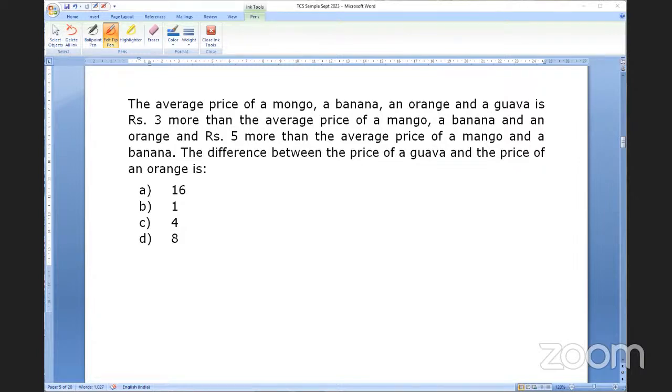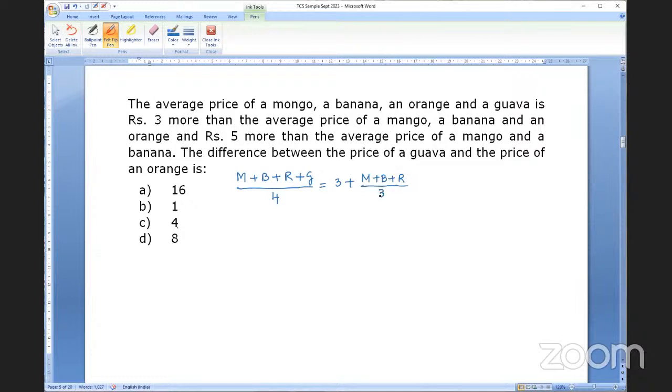Okay, time's up. Let's see what we have. The average price of a mango, a banana, an orange, and a guava, average price, that means this divided by 4, is 3 more than the average price of mango, banana, and orange.